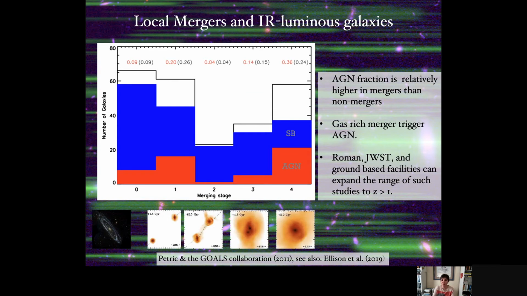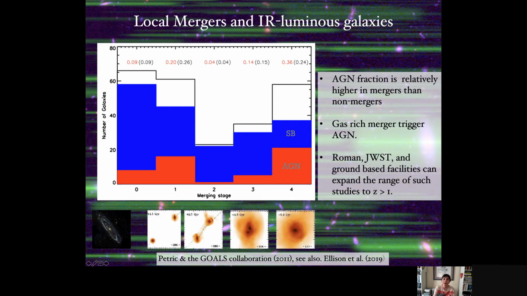So we separated the contribution of AGN and starburst to the IR. The starburst is in blue and the AGN is in red, and we separated them by different merger stages. Examples of such morphologies are shown at the bottom of the histogram.